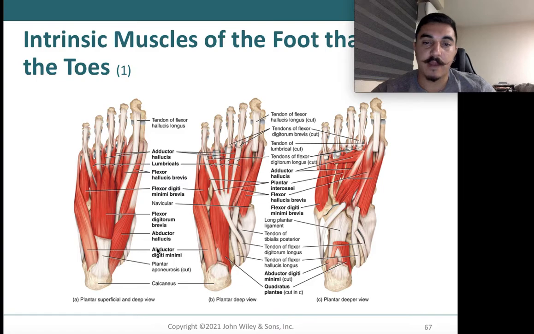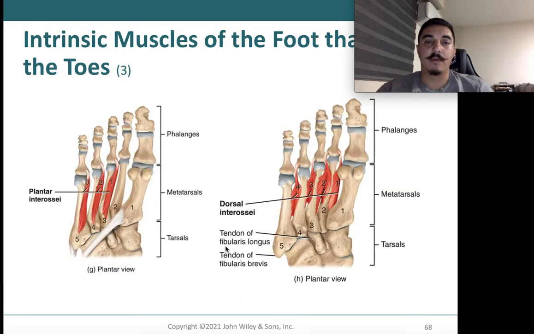Abductor digiti minimi. Quadratus plantae near the bottom. And the plantar interossei, so in between the bones. And the dorsal interossei, also between the bones.